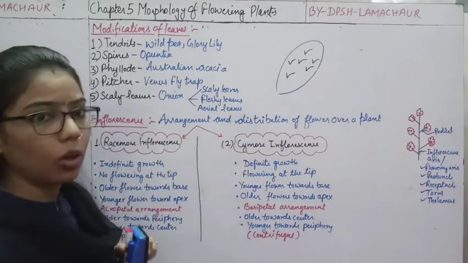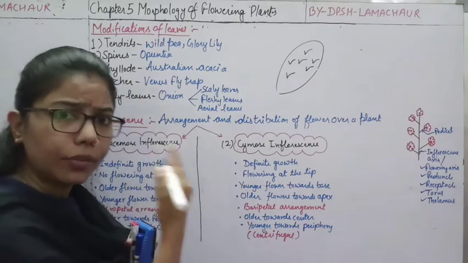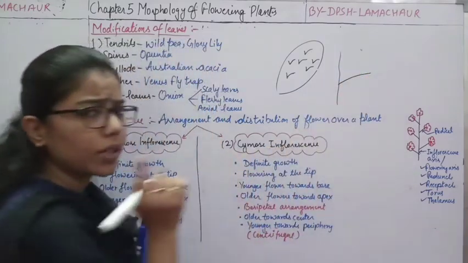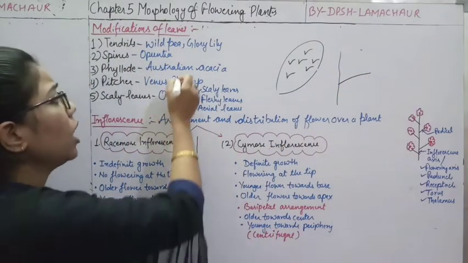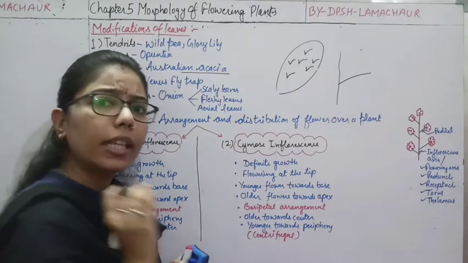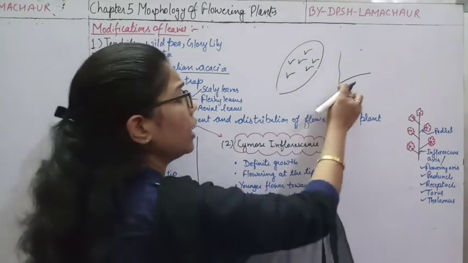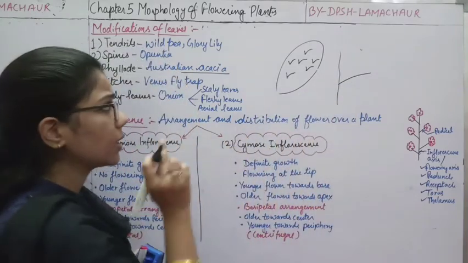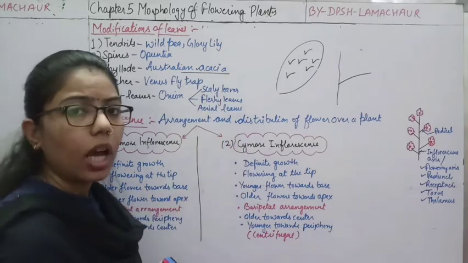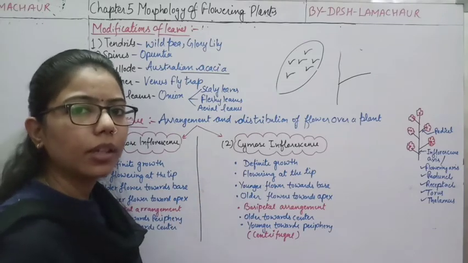Now the third one is phyllodes. What is phyllode? Another modification of leaf. If I draw this stem, in some plants, for example Australian acacia, the leaves are short-lived, and the stem as well as the leaf will transform themselves. How? Every leaf has a petiole, as we have done right now.